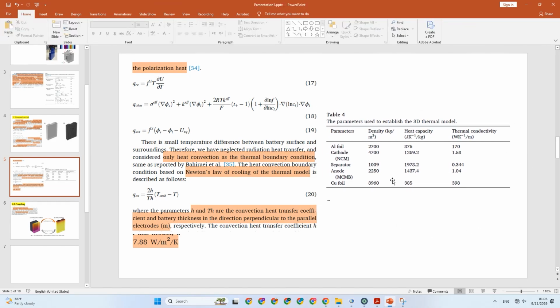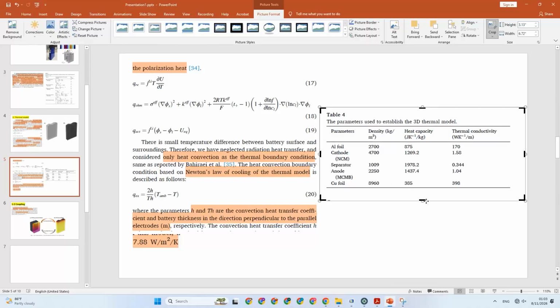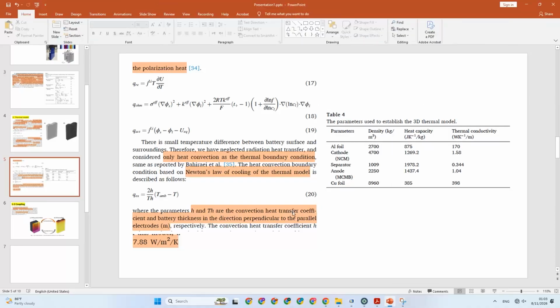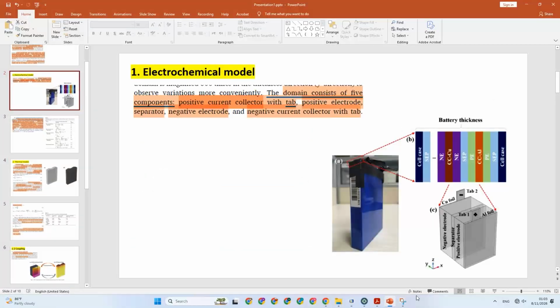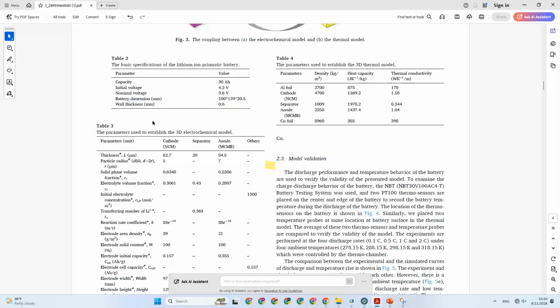Nice, we can see the table. This is for thermal, and capacity, initial voltage, and the basic is prismatic battery, initial voltage, nominal voltage. It's maybe for electrochemical.